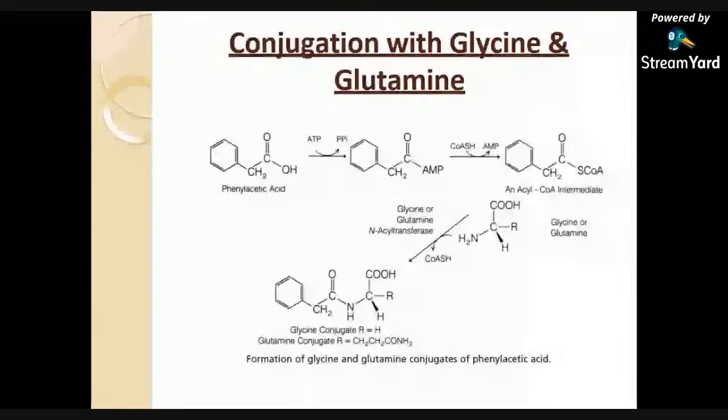Okay, then it is all related to the formation of the glycine and glutamine conjugates from the phenyllactic acid.